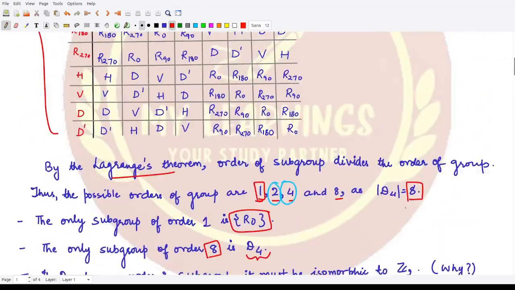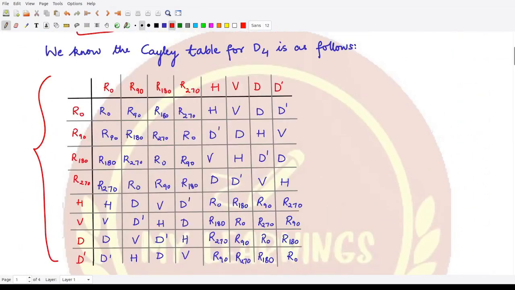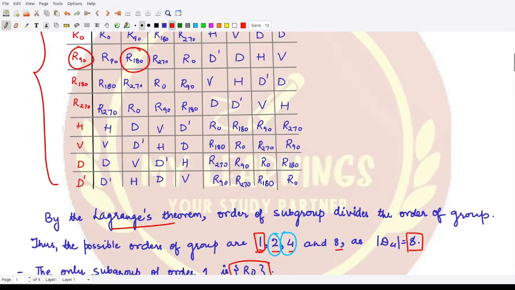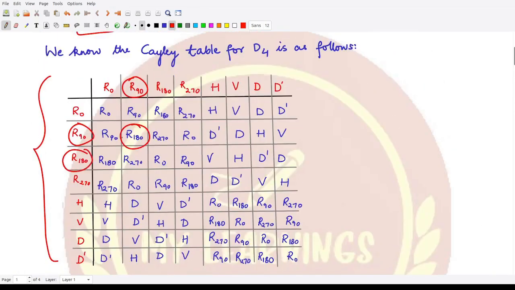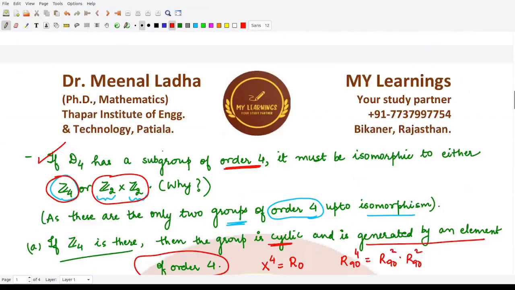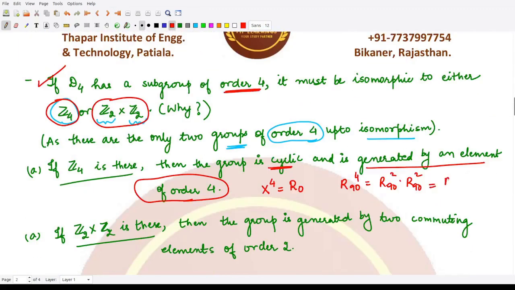What is R90 squared? R90 composed with R90 is R180. So R180 squared. What is R180 squared? R180 composed with R180 is R0. So you see R90 satisfies this condition.